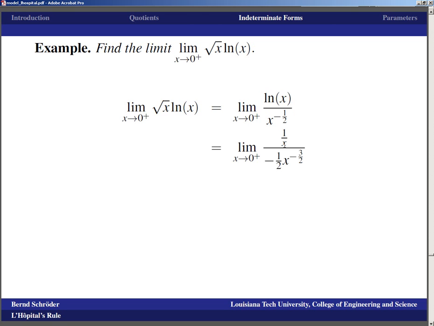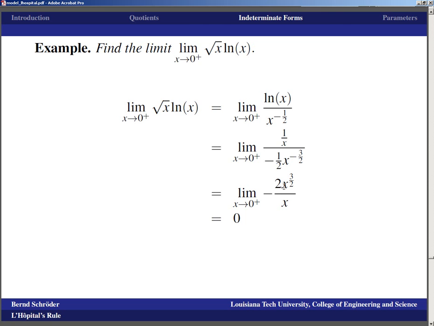We take the derivative, we get 1 over x divided by, by the power rule here, negative 1/2 times x to the negative 3/2. That I first would want to simplify, and, because we've got a negative exponent here, 1 over negative 1/2 is negative 2, x to the negative 3/2 is x to the 3/2 in the denominator, and 1 over x is an x in the denominator. Now we can cancel.